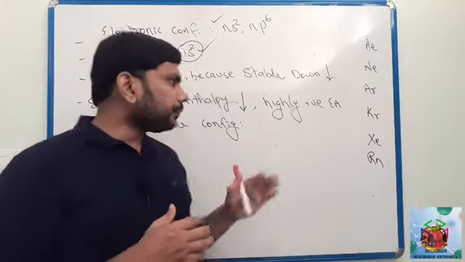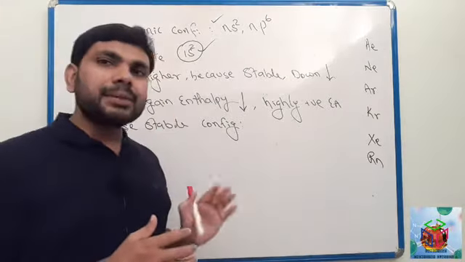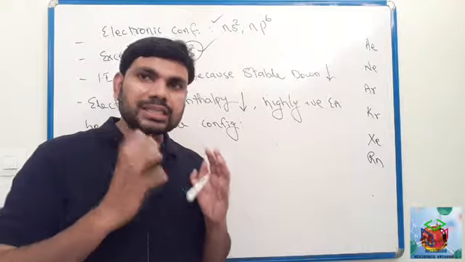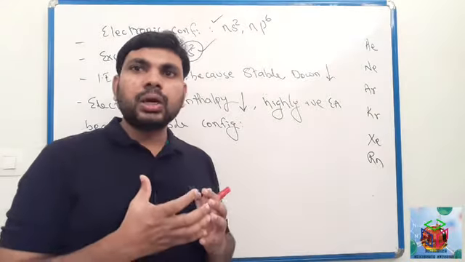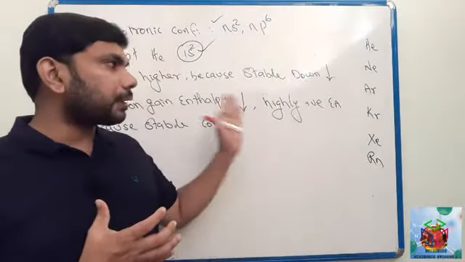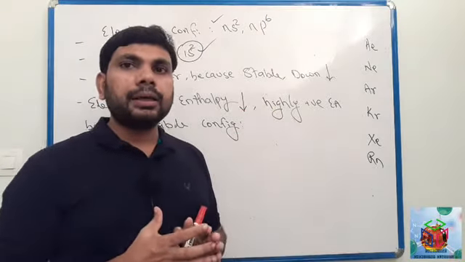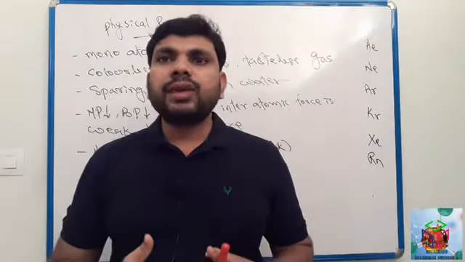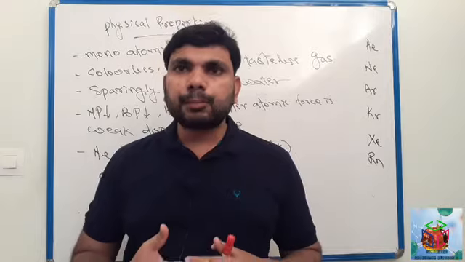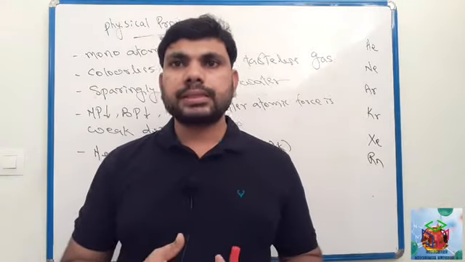So they have less tendency to gain electrons, and they show a higher positive value of electron gain enthalpy. Clear?